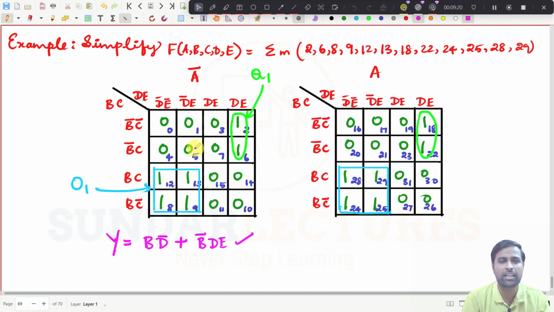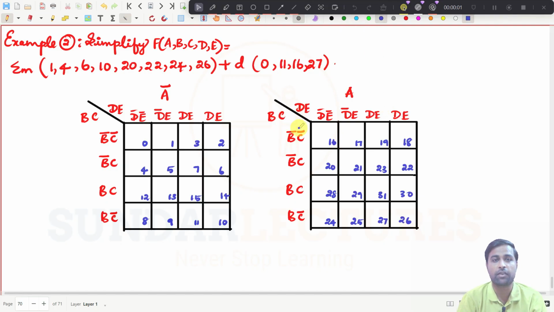It is a pair, and you have written B bar D E, and this is only taken from this K map, so you have to write it as A bar B bar D E, and then you have to see for this one. Anyhow, this is the whole idea, right? If you cannot map a particular cell with another, then you can map it as a single cell. That is also possible, right? So we will take another example so that you can easily understand.